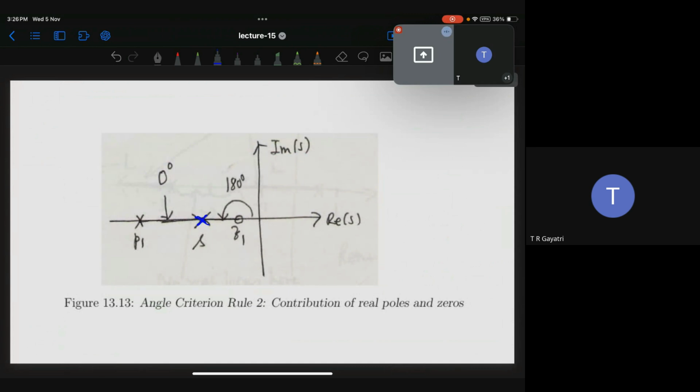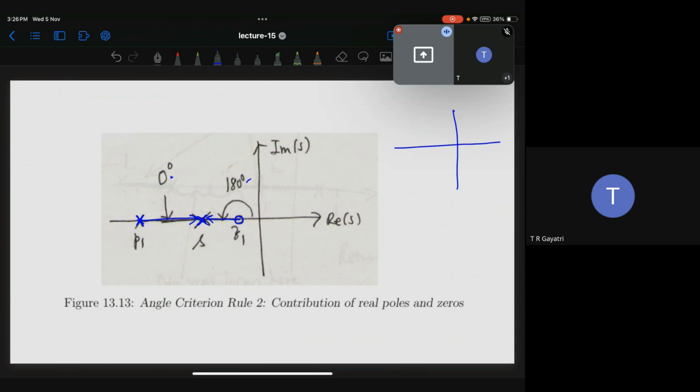You want to find what is the angle of this pole with the point S. That is the first question. Then the second question is, what is the angle of this zero with this point S? Can you tell me? This one makes 0 degrees. This one makes 180 degrees. Is that clear?